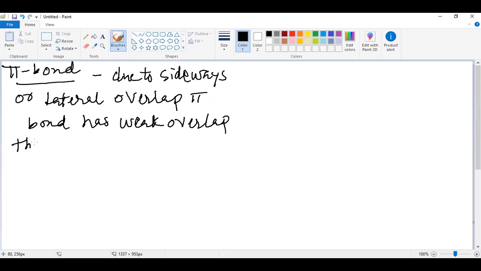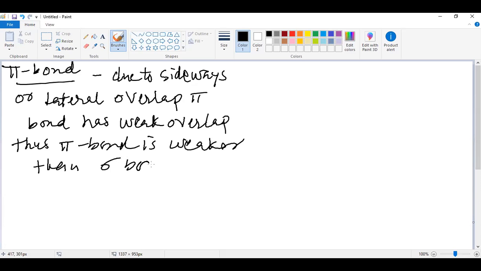Thus, the pi bond is weaker than the sigma bond. Suppose, my dear students, we have C double bond C and there are X, Y, Z and T groups present.